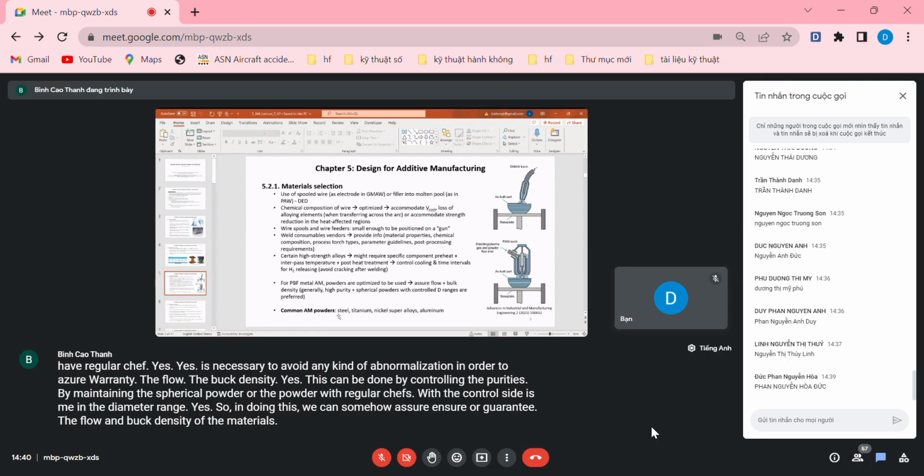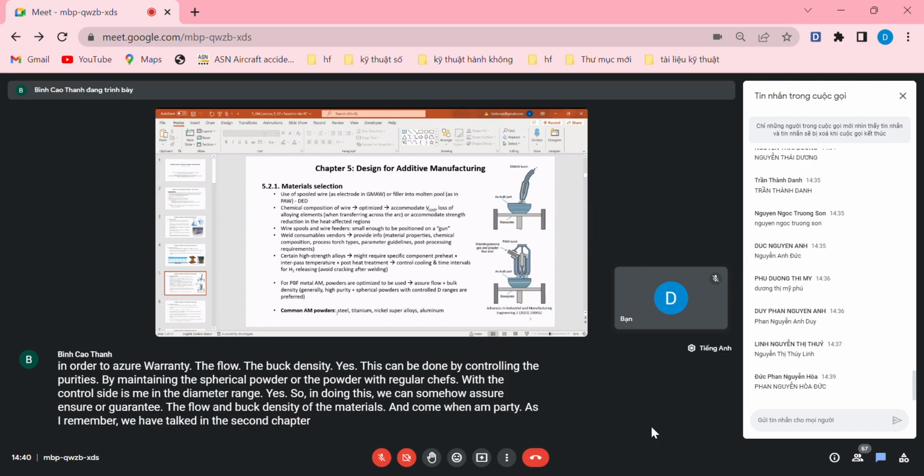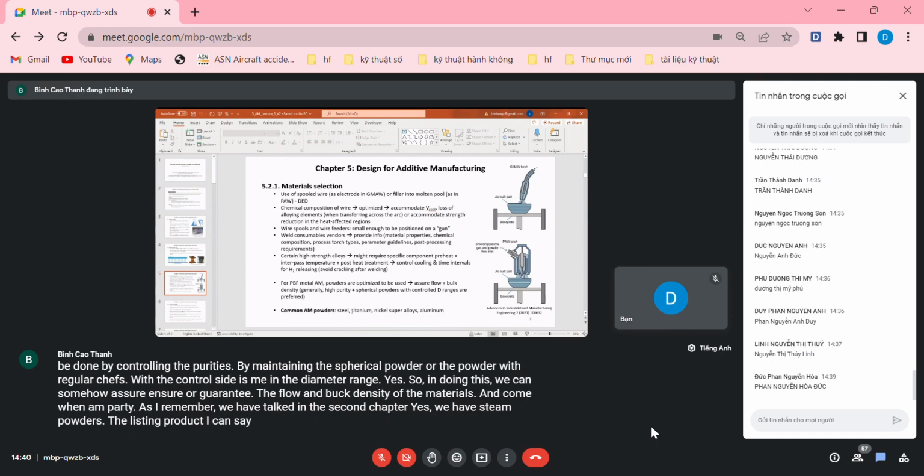And common AM powders, as I remember, we talked about in the second chapter. Yes, we have steel powders. Stainless steel powder, I can say, is 316L stainless steel. You can also have 17-4 PH precipitation hardening steel.